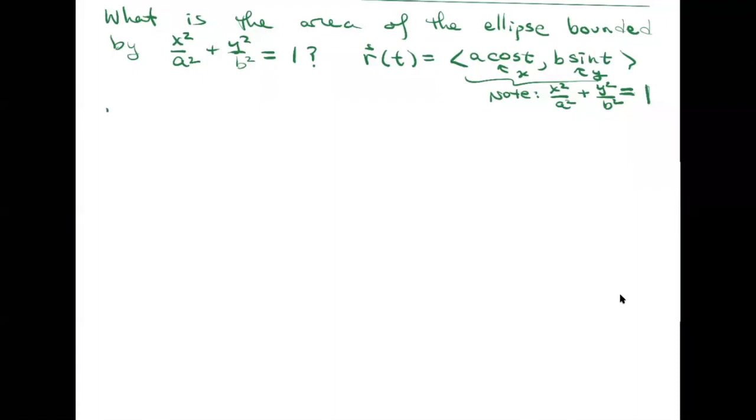If R is the ellipse, and we need that counterclockwise orientation, so I'll spin it around like that.